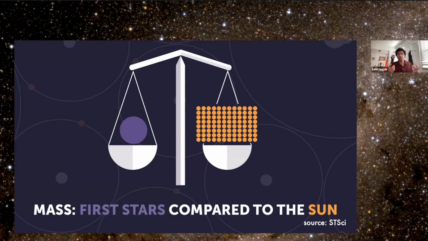They evolve very quickly, and they're so massive that they burn through their fuel super quickly, and they live for only a couple million years, which, if you think about our sun is going to live for 10 billion years, is a factor of more than 10,000 shorter than our sun's lifetime. So these stars are super big, but they run through their fuel super quickly, so they live very short lives, and they might be gone before we're ever able to see them. And we're going to talk about that as well.